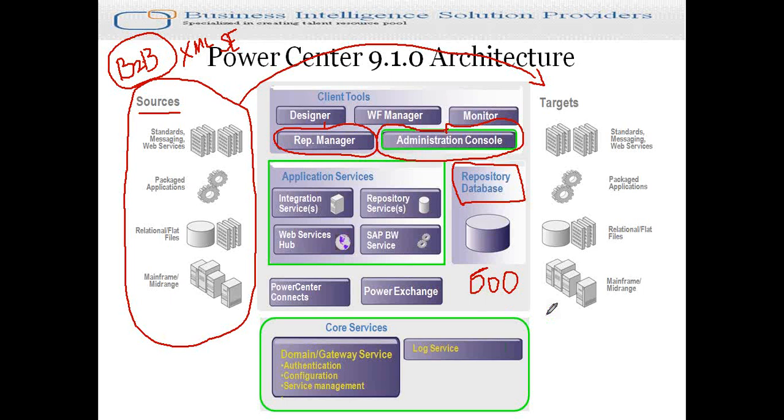Based on the features which you are buying from Informatica, the number of tables would vary, but the minimum is 520 or something, and the maximum is 578 or 582. We don't have to understand all of these tables. We can just ignore these. There are only specific requirements where you have to go with this.